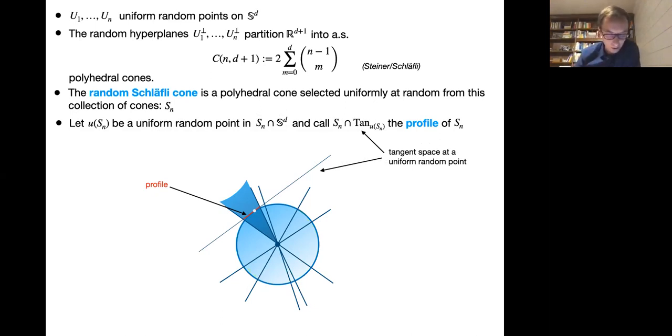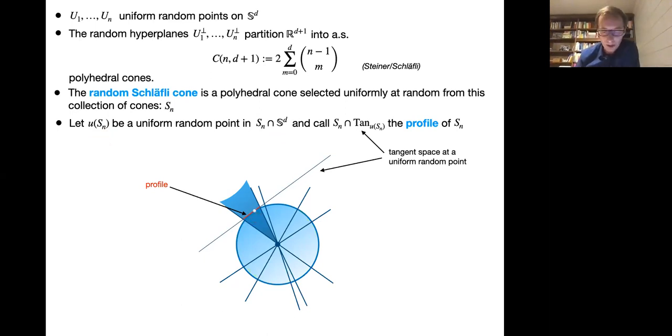You take this random Schläfli cone, and this random Schläfli cone cuts out the spherical polytope from the sphere. So this is the spherical polytope here. And in the spherical polytope, you can choose a uniform random point that I will denote by U_n. So this is a uniform point in the spherical polytope. This is the white point here.